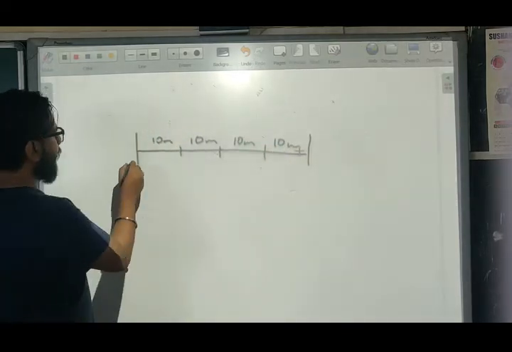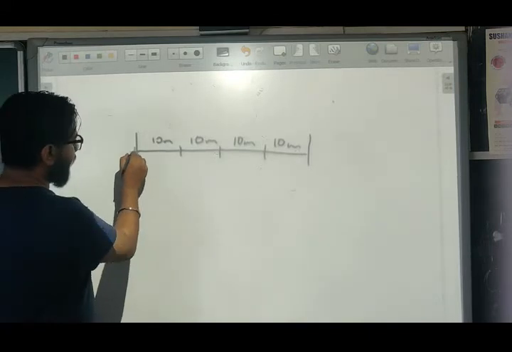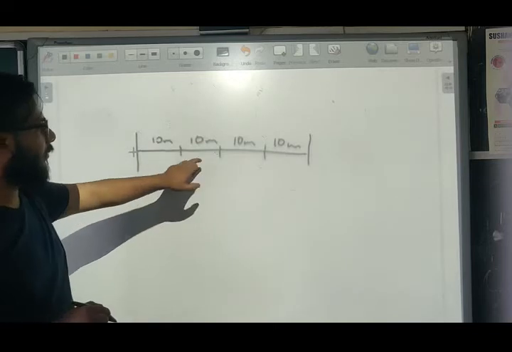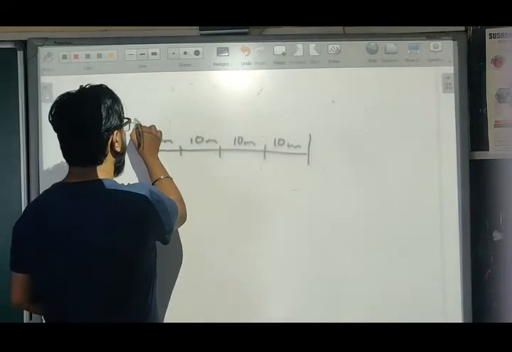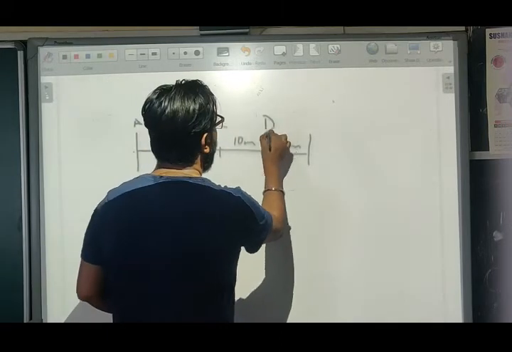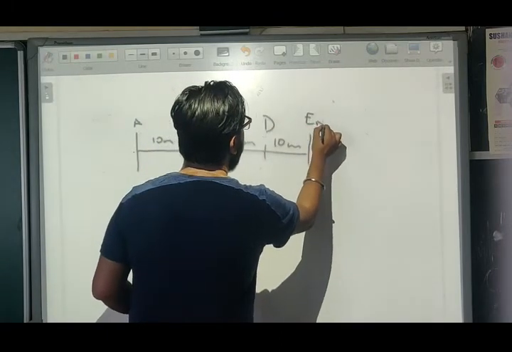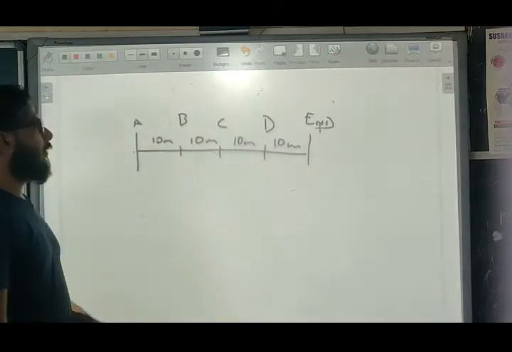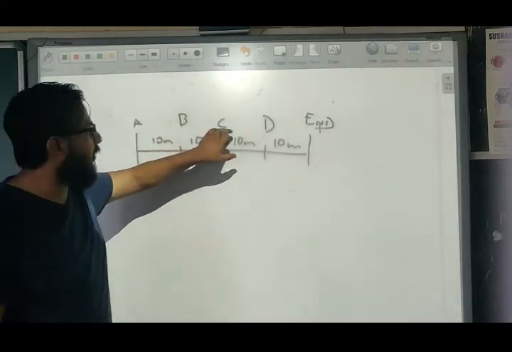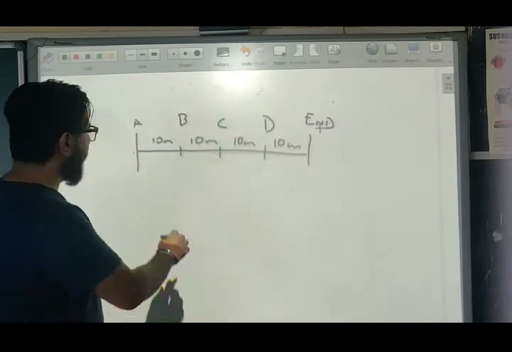A person starts from point A, goes to point B, point C, point D, and point E, which is also the end.